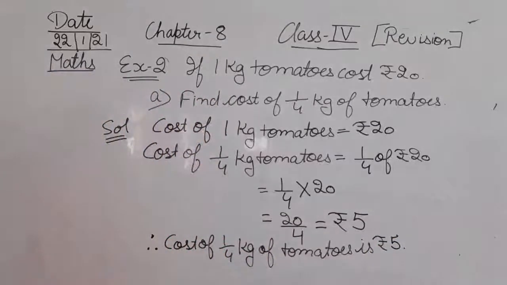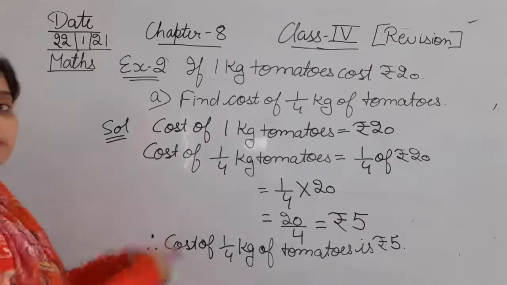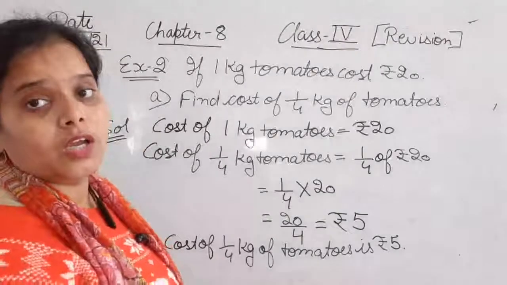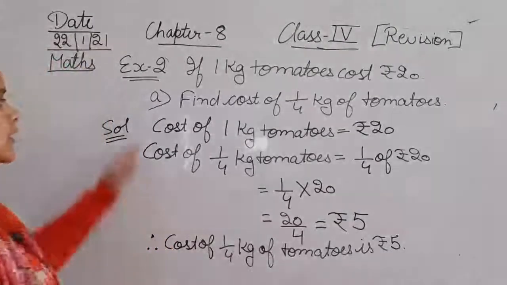Therefore, cost of 1/4 kg of tomatoes is rupees 5. Okay. So this is the solution of example number 2. You can just pause it here and note it down in your notebook. Clear? चलिए, okay, and you have to do this example as well in your notebooks. आपको examples भी अपनी notebook में करनी है. Just make sure. Clear? Okay, so this was the A part.